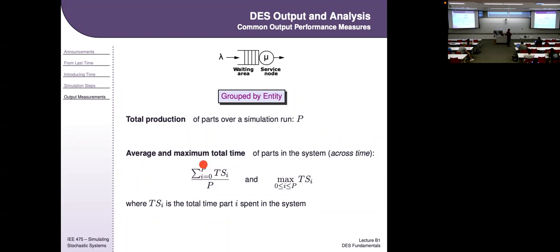If TS is the total time a part spent in the system, I'm just going to add up all of their times, divide by the total number of parts, and that's my average time. Or I can calculate the maximum time. Of all the parts, what's the one sucker part that had to spend the longest amount of time in the system? So these are all aggregated over the entities, not worrying about where they were in the system.